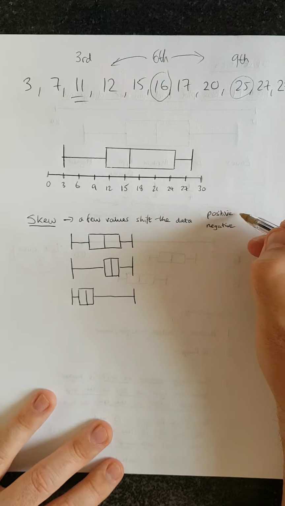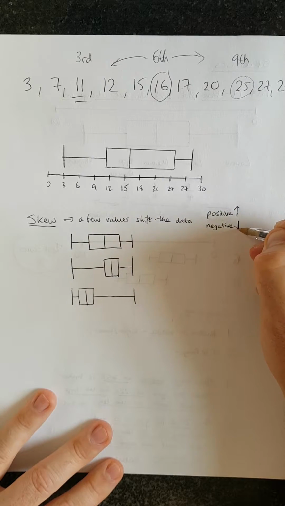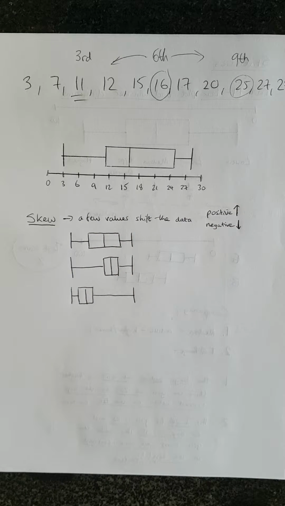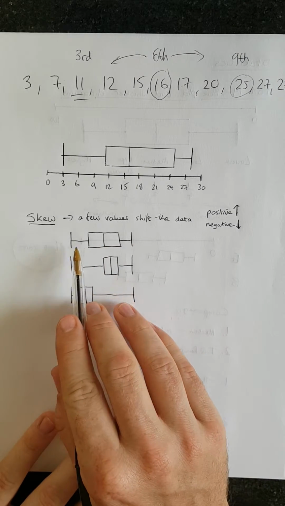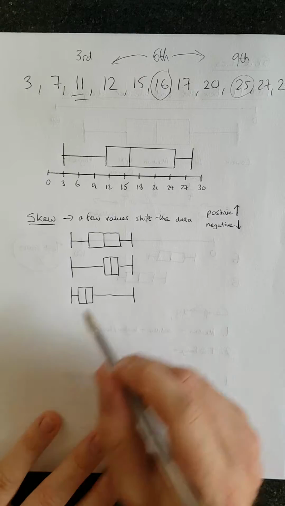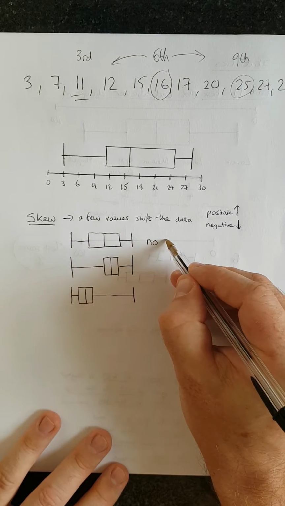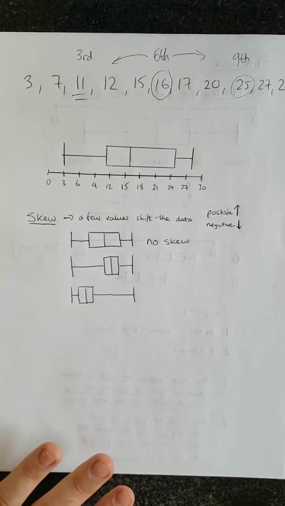A positive skew pulls the data upwards, and a negative skew pulls the data downwards. So, let's look at the first one. We can see here lovely even gaps. There is no skew.